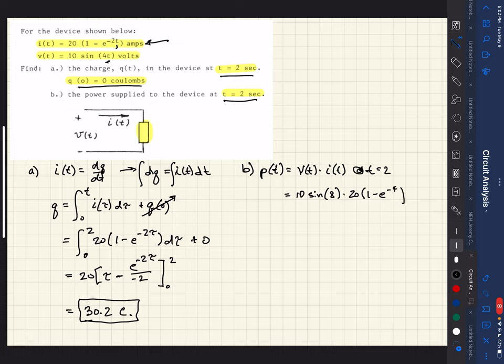Again, this is just a matter of plugging these values into a calculator and calculating them out. And when you do, you should come up with 194.3 watts. And so this is the answer to part B.